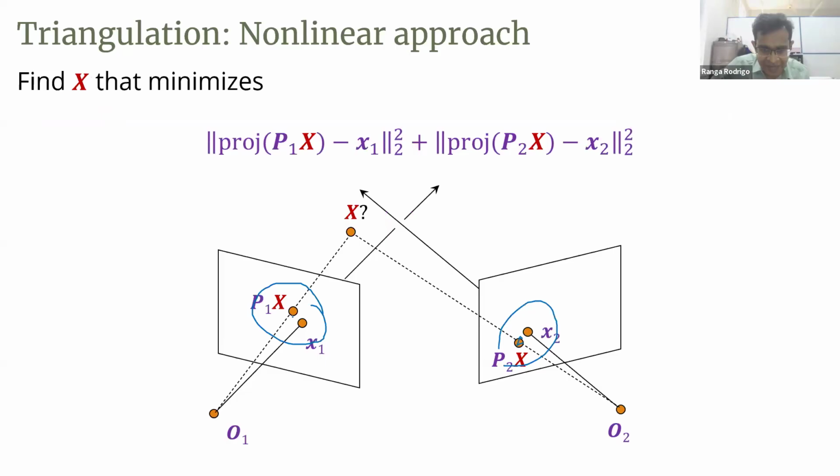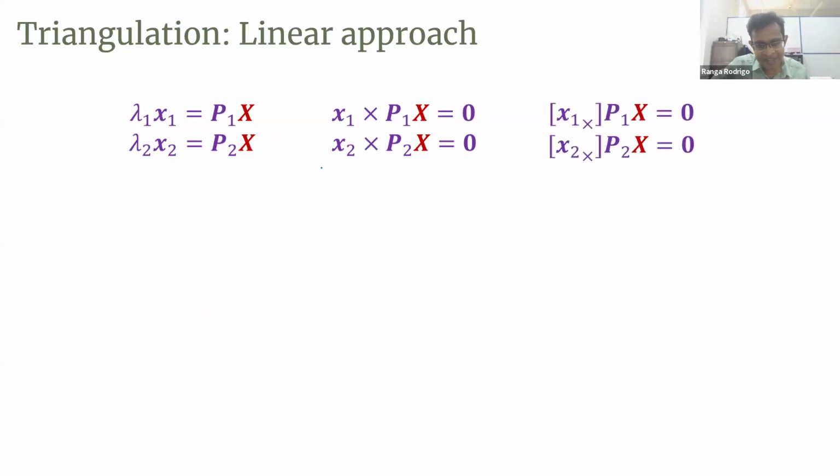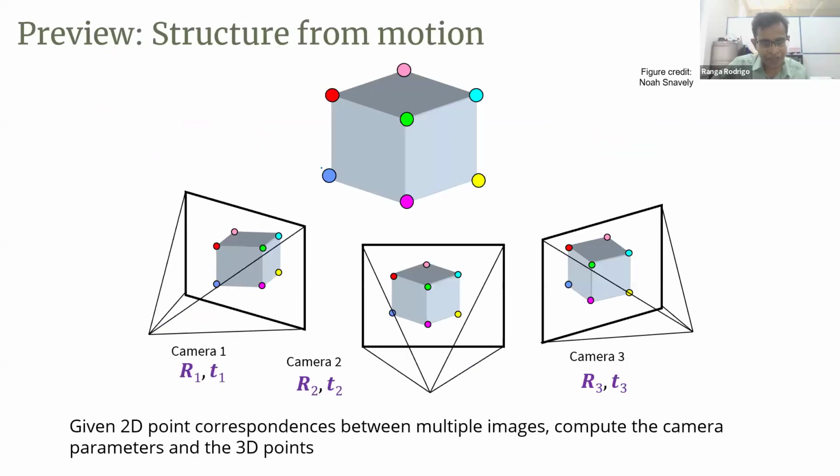Then finally, we will find the coordinates in capital X. There are other different methods, I will not go through them. Structure from motion is recovering both the 3D coordinates and the camera parameters, which we will briefly look at next time. That's all for today.